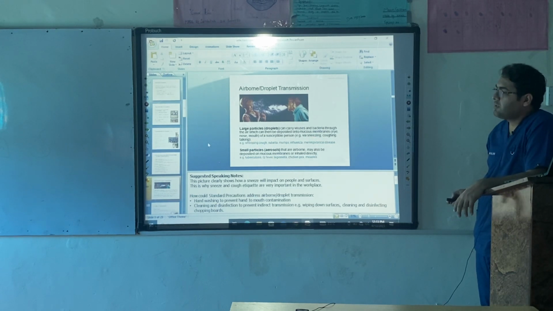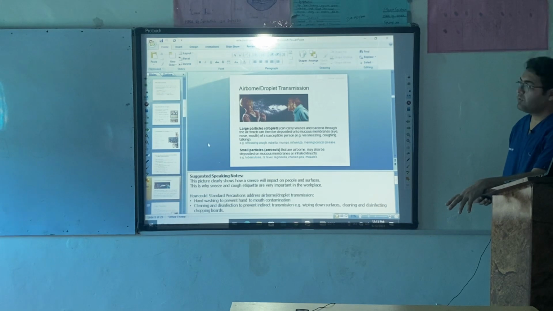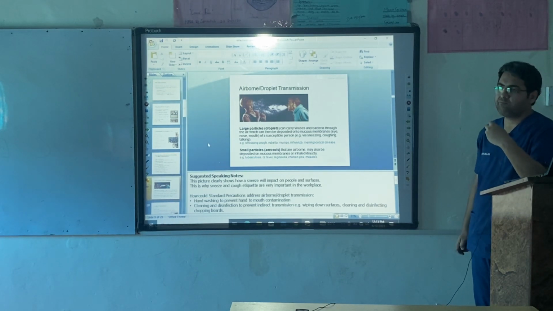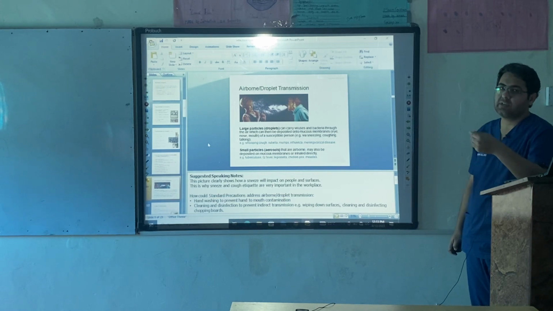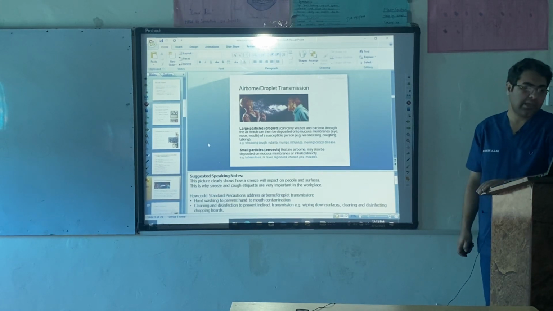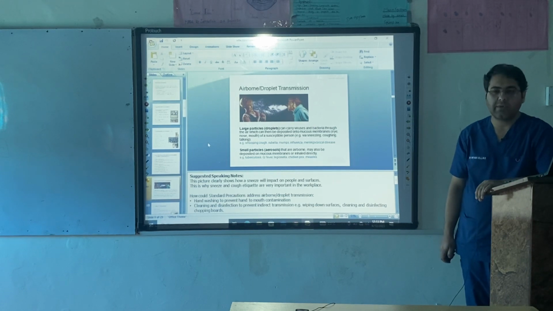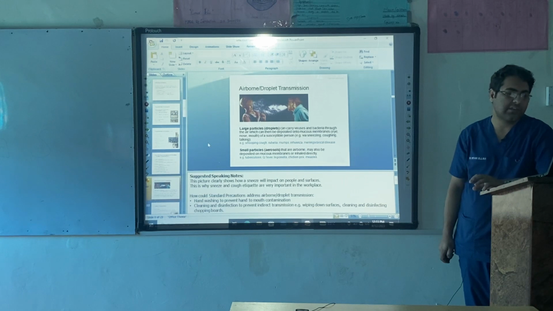So, if you are sneezing, coughing or talking, you can be the source of transmitting a disease through respiratory droplets, and you can affect a person in your surroundings. So, you should be careful, you should know the cough etiquettes and the sneezing etiquettes. These are the important things.